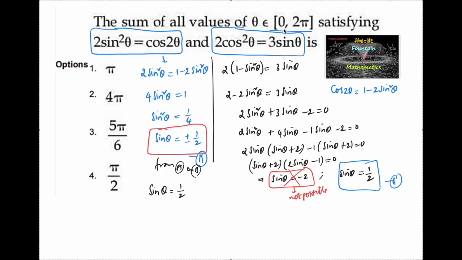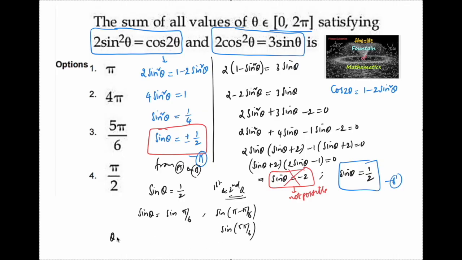And since it is 0 to 2 pi, sin is positive in the first quadrant and second quadrant. So we can say one solution is sin theta is equal to sin pi by 6, or sin of pi minus pi by 6, that is the second quadrant, so 5 pi by 6.